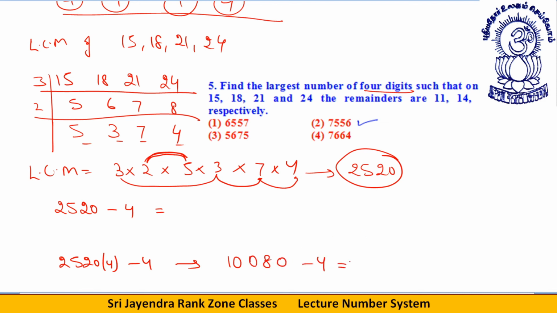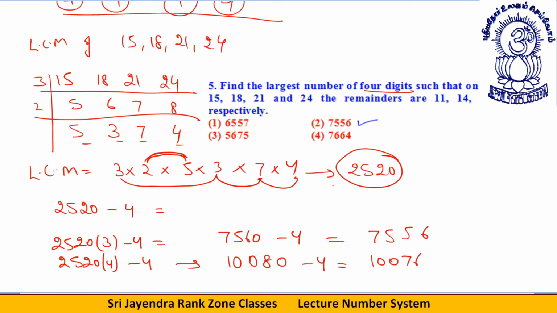So this is one number, but this is actually a 5-digit number if you look carefully. So what I'll do, 2520 into 3 minus 4, this has to be my answer. 7560 minus 4, 7556. This is one way of doing it.